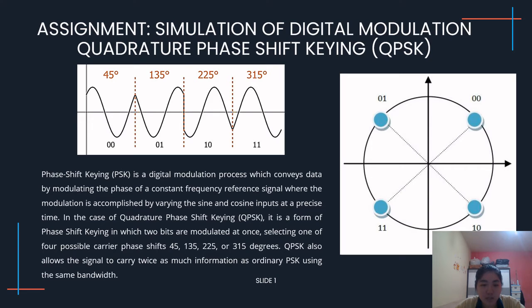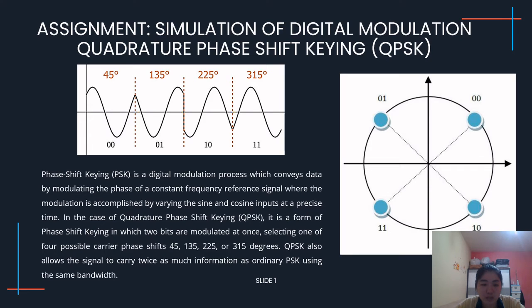In the case of quadrature phase shift keying, it is a form of phase shift keying in which 2 bits are modulated at once, selecting one of 4 possible carrier phase shifts, which are 45 degrees, 135 degrees, 225 degrees, or 315 degrees.